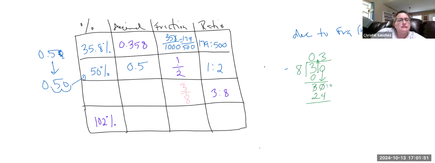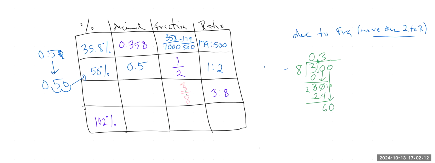All right, so can 8 go into 6? It cannot. So what are we going to add? I'm going to add a 0. I'm going to bring that 0 down. Now can 8 go into 60? Is it 7, y'all? 8 times 7 is 56.